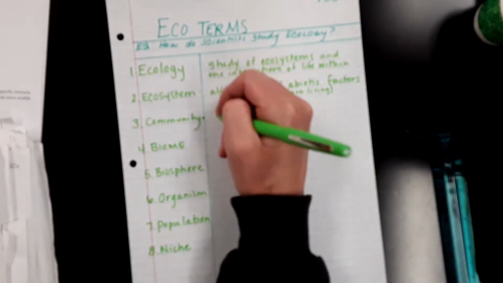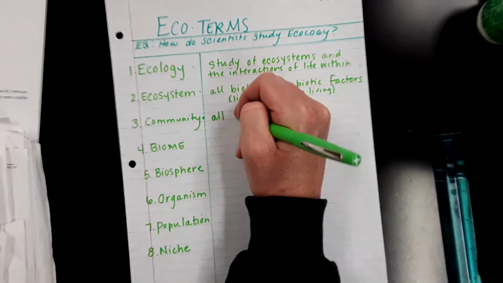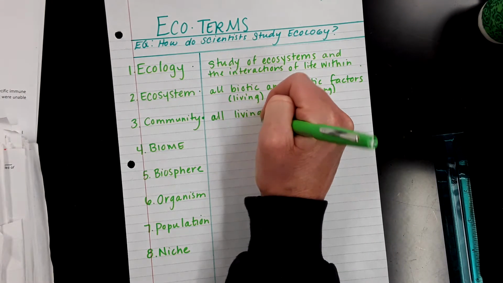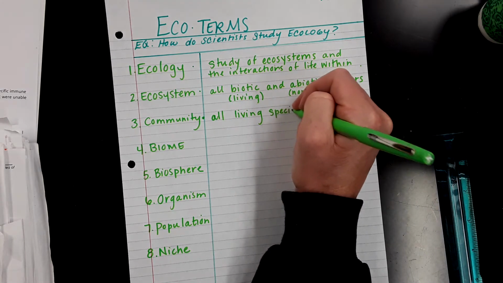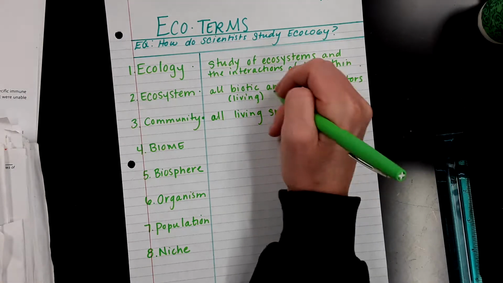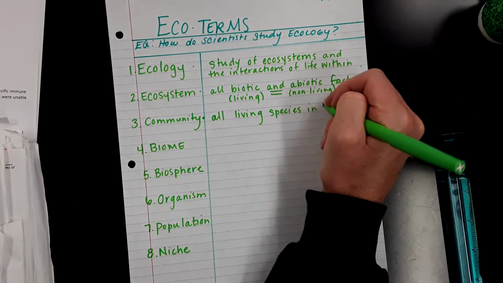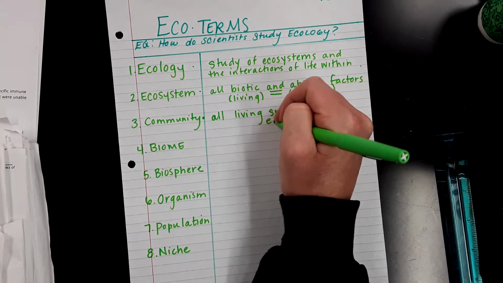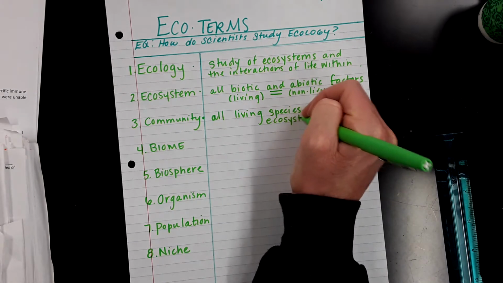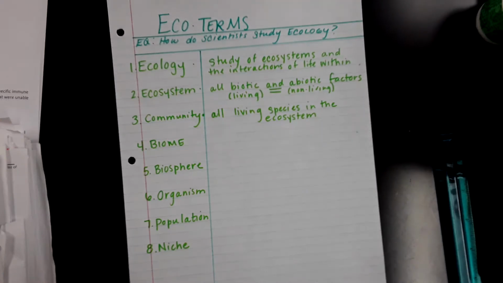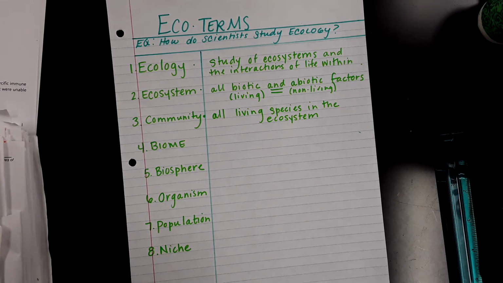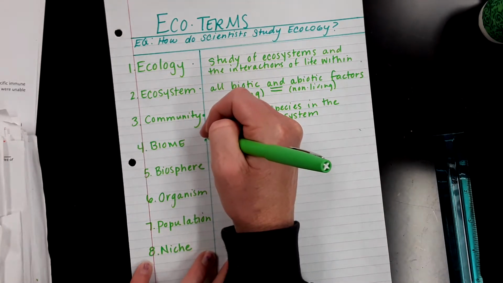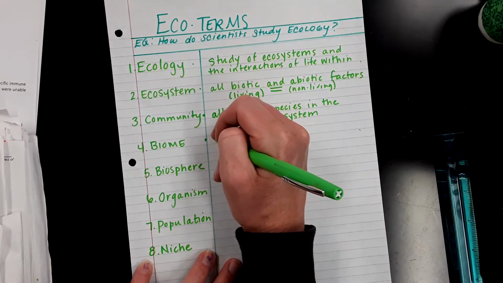A community includes all the living things in the ecosystem. So all the living species in the ecosystem are part of the community. A biome is a unifying term for all the same types of ecosystems.